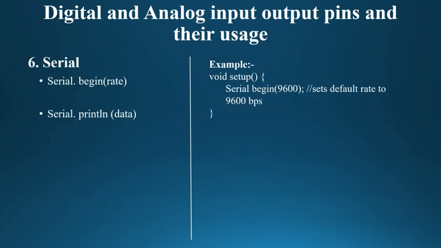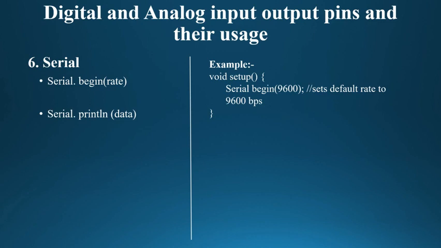The last one is Serial. Here we are using two methods, Serial.begin and Serial.println. Basically Serial.begin is used to start the serial monitor. In this we are using the Serial.begin method with the parameter rate.